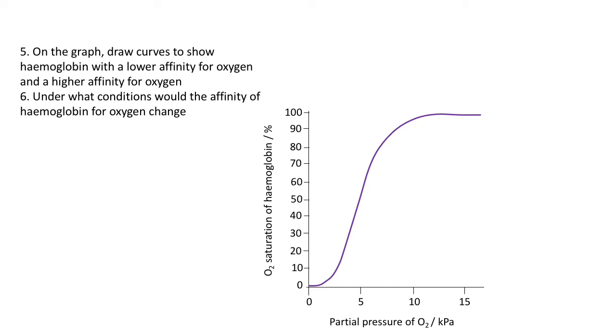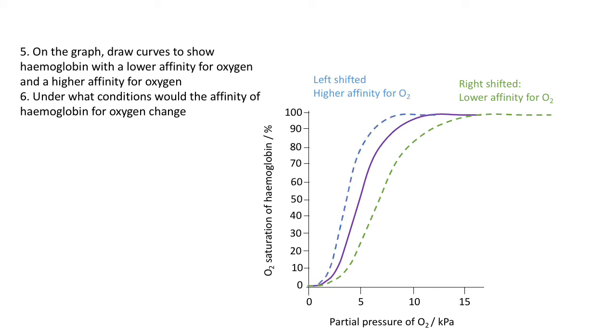So let's look at how the curve changes with different affinities for oxygen. So let's draw the curve here. It's right shifted. What that means is that hemoglobin has a lower affinity for oxygen, and conversely, left shifted means a higher affinity for oxygen.